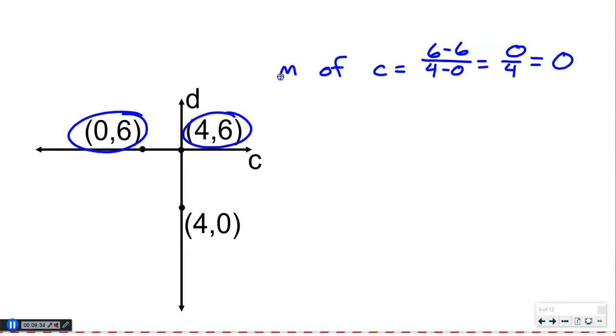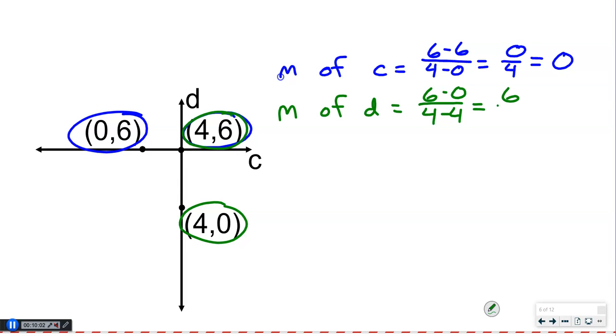Then we need to find the slope of D. And the points that we'll use for D, that lie on line D, are (4, 6) and (4, 0). So we have 6 minus 0, and 4 minus 4.